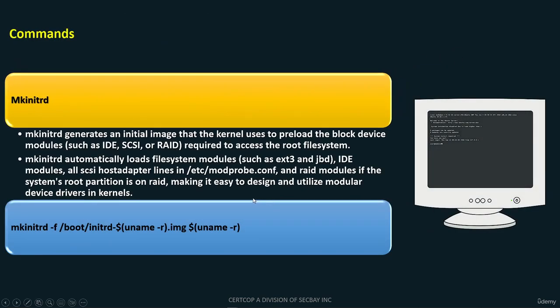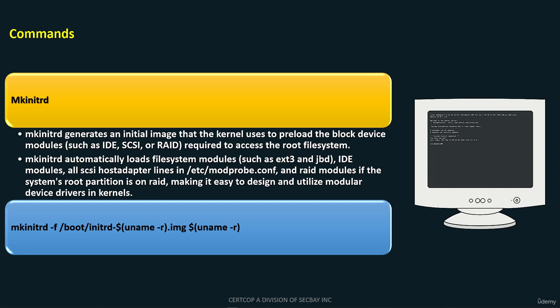Then we have the mkinitrd runtime daemon. This is the initial image that the kernel uses to essentially preload any block device modules, such as IDE, Integrated Drive Electronics, SCSI, Small Computer System Interface, or RAID, required to access the root file system.